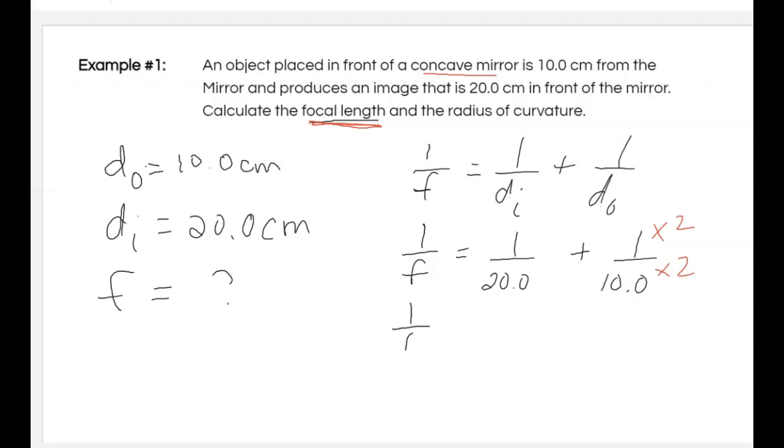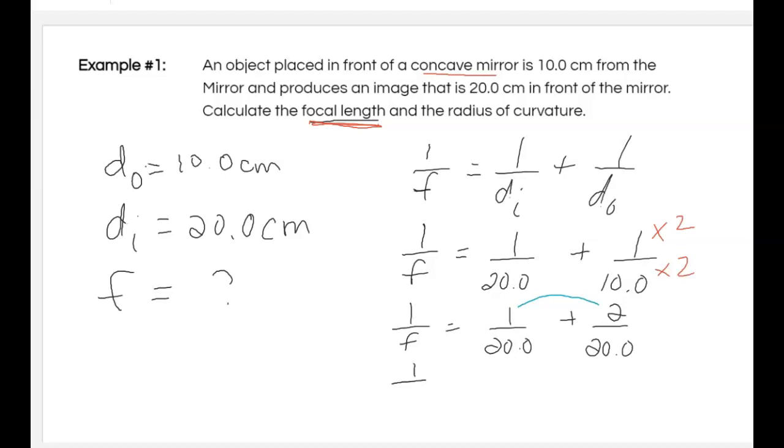So 1 over f is equal to 1 over 20 plus 2 over 20. Just remembering that whatever I do to the top, I need to do to the bottom so that my fraction remains equivalent. And as a quick reminder, when I add fractions, the numerators get added, but I keep my denominator the same.